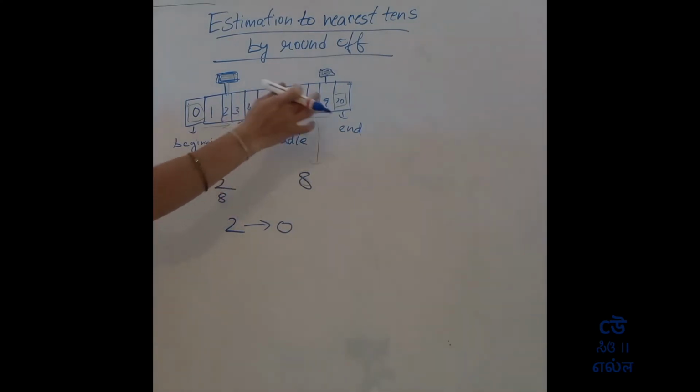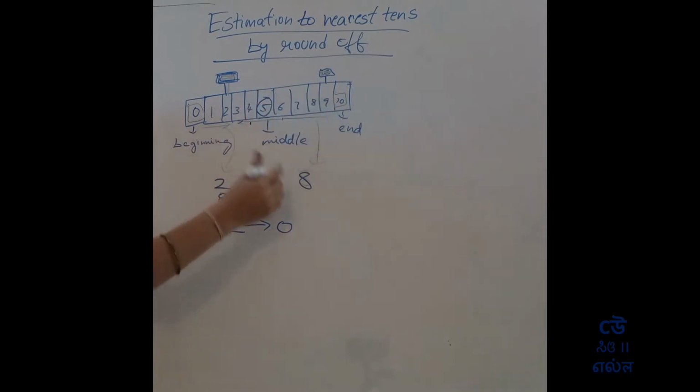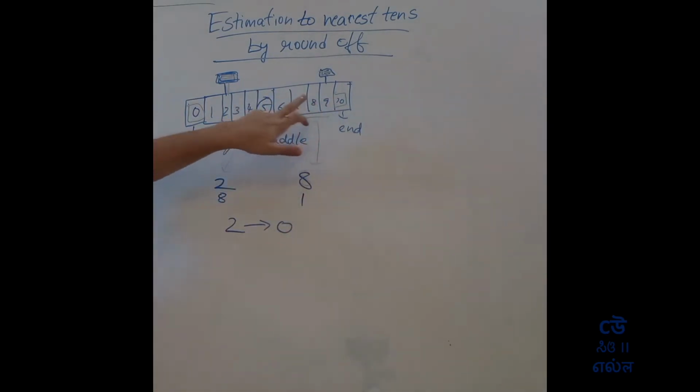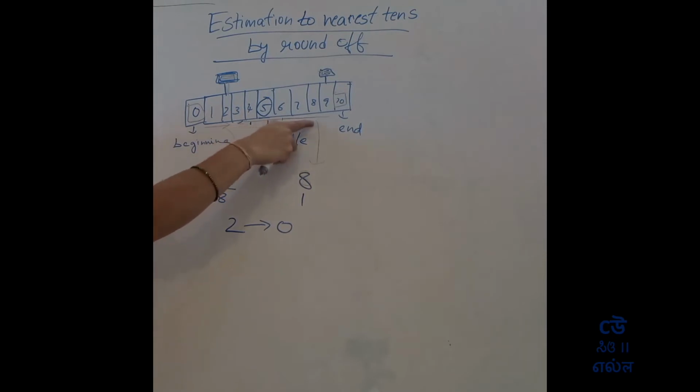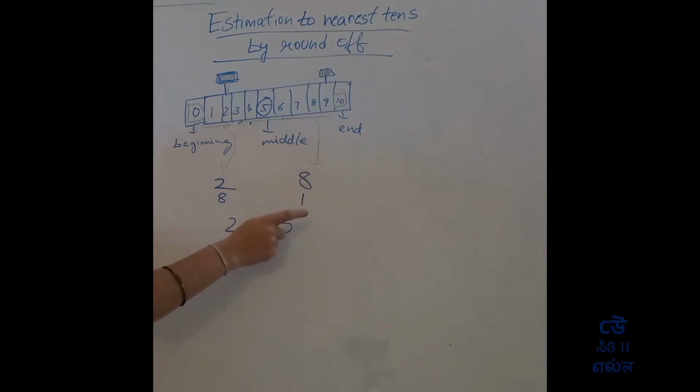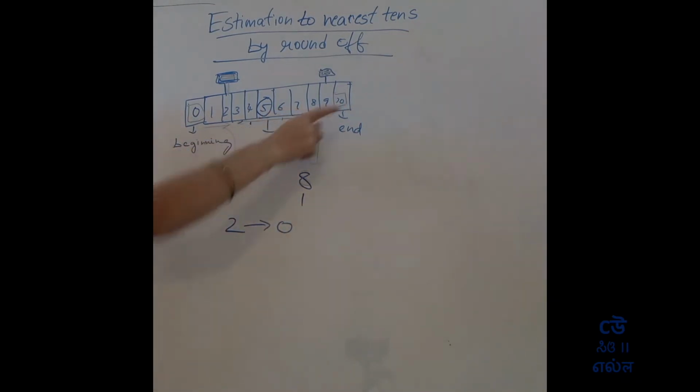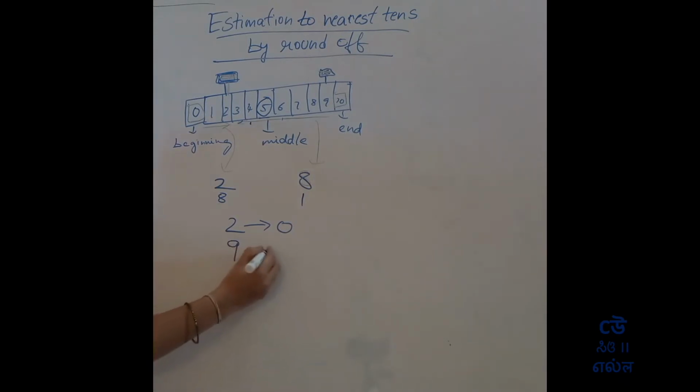From the end, how many positions? 1 position. So compared to 8 and 1, which is the smaller number, children? 1. Obviously 9 is nearer to 10. So we will round off 9 to which number? 10. Okay.